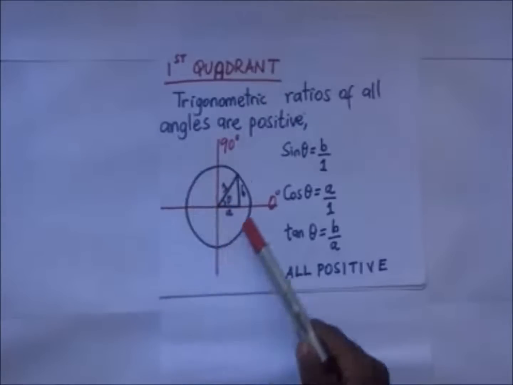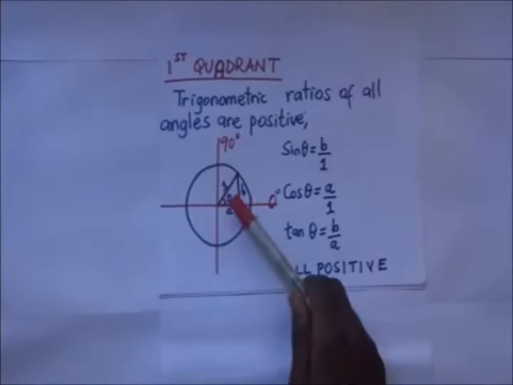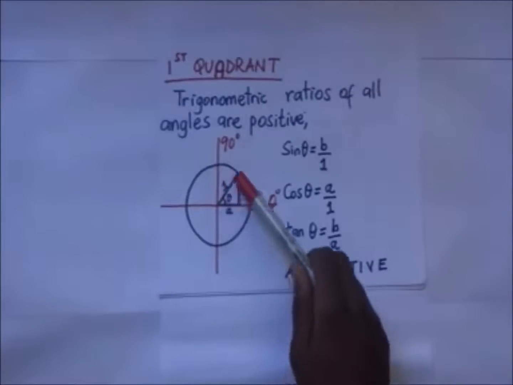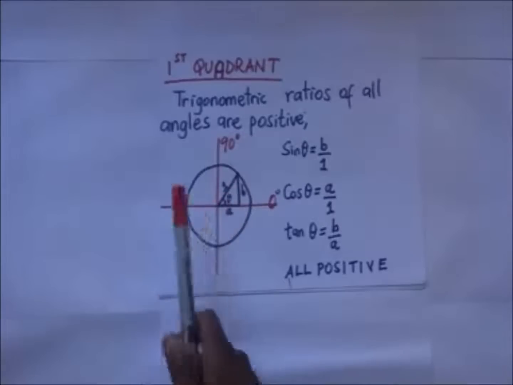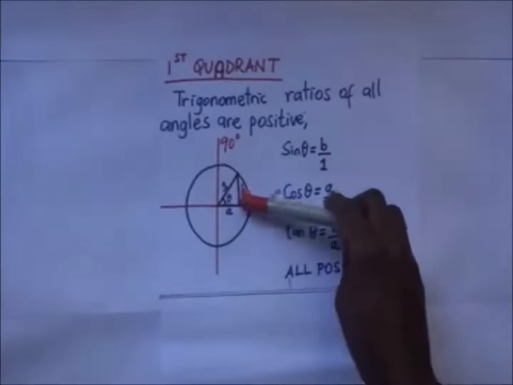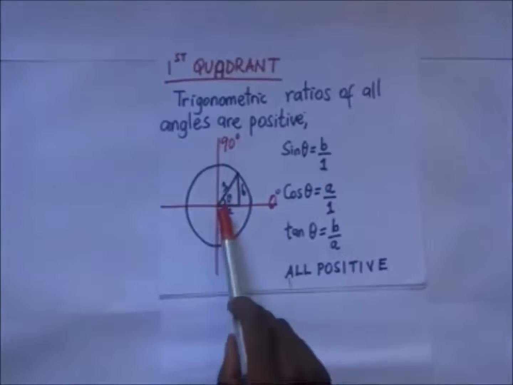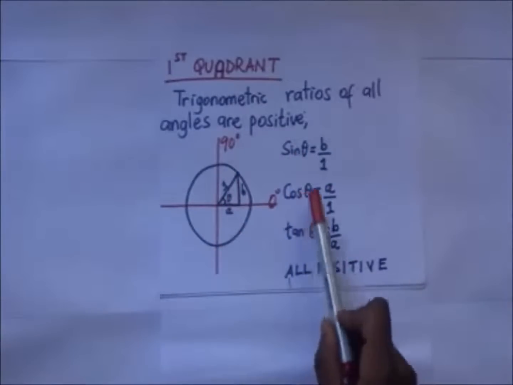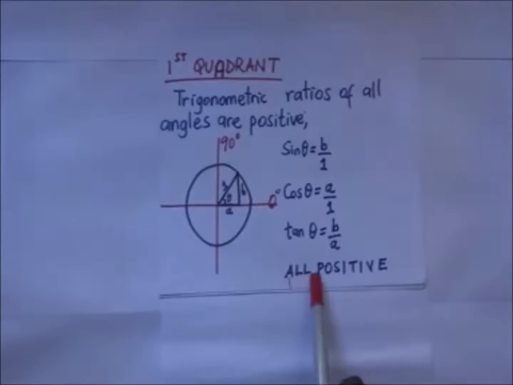This is our unit circle, so it means that the radius is 1, like we said. Now when we draw our right angle triangle right there, and we form an angle with the unknown angle theta, you find that we have the adjacent being A and the opposite line being B. When you find the sine, cos, and tan of this triangle, you find that they are all positive.